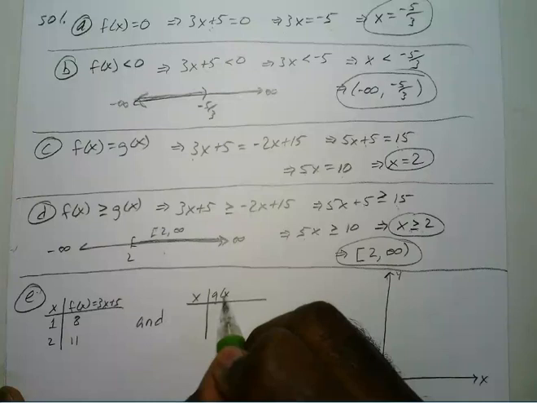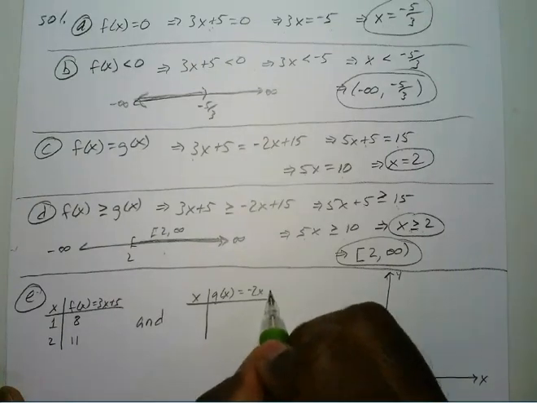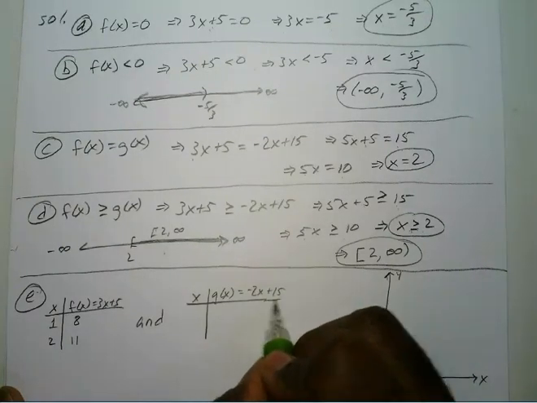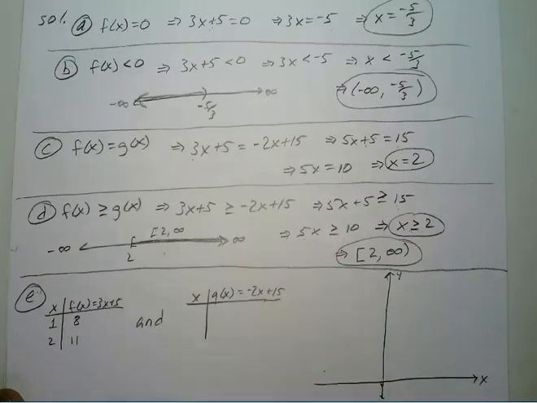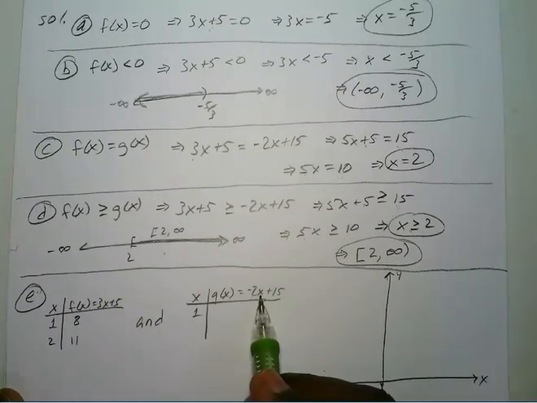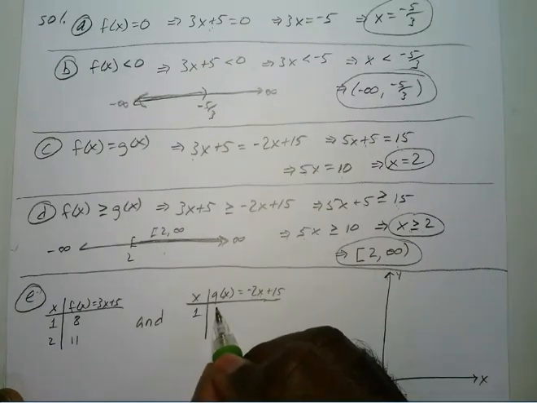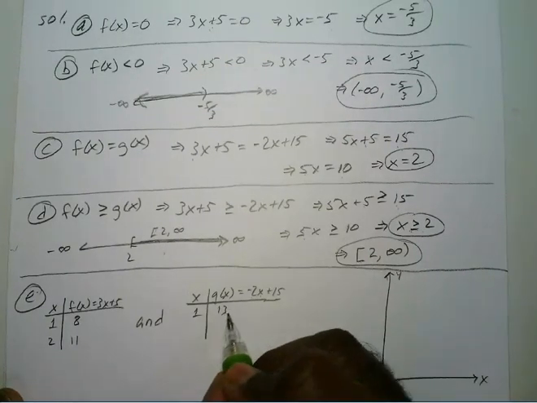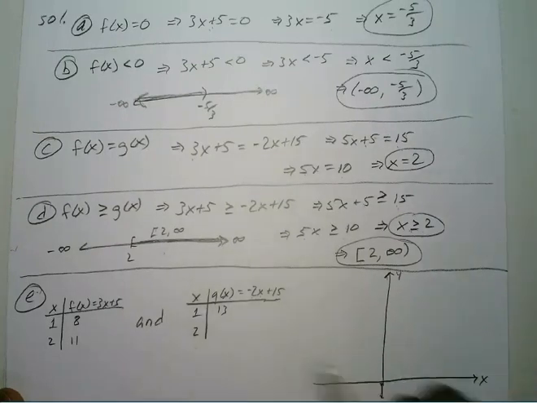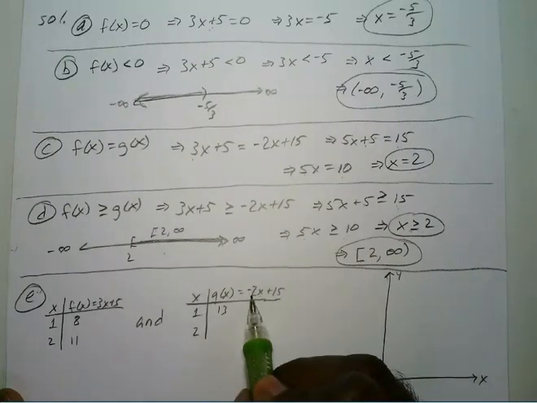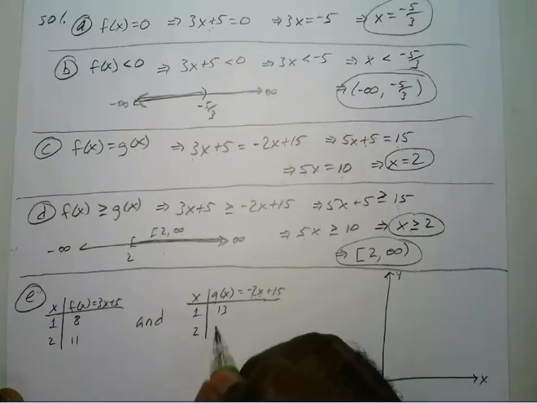That's g of x equals negative 2x plus 15. Let's say we make x equal 1. Negative 2 times 1 is negative 2, and negative 2 plus 15 is 13. And let's say we make x equal 2. Negative 2 times 2 is negative 4. Negative 4 plus 15 is 11.